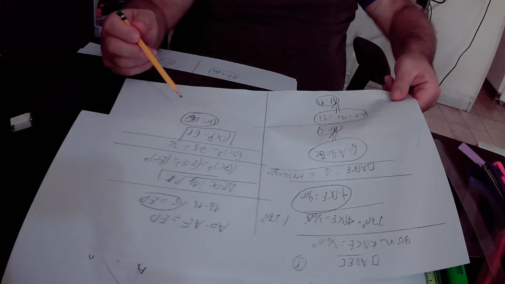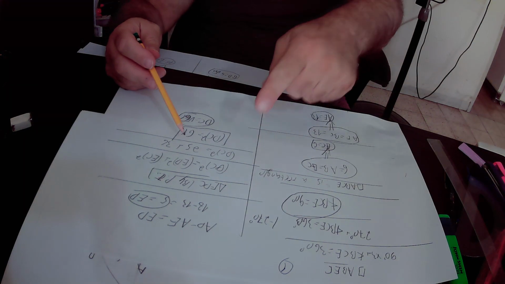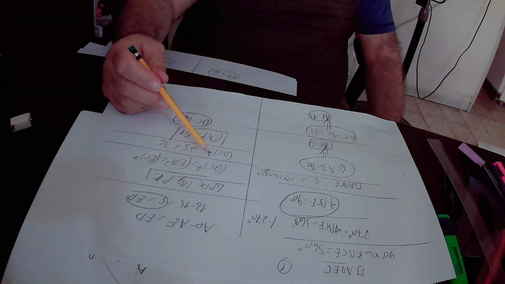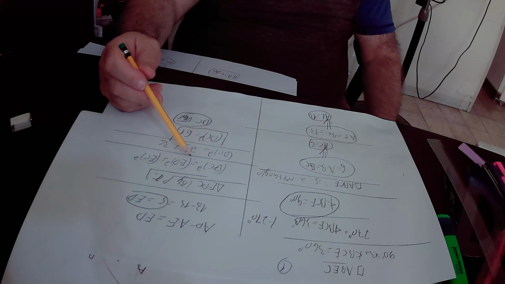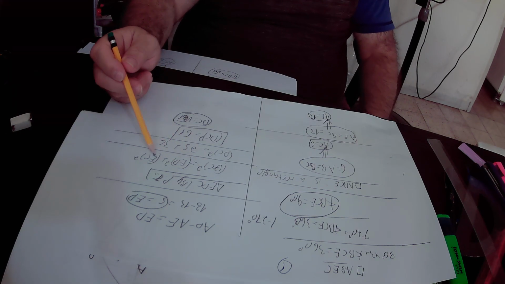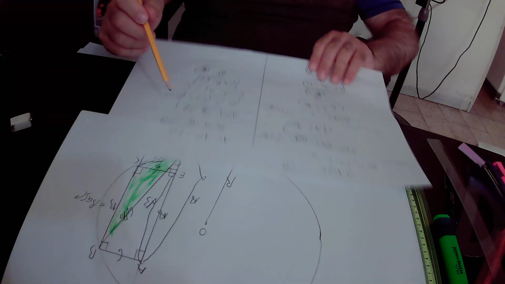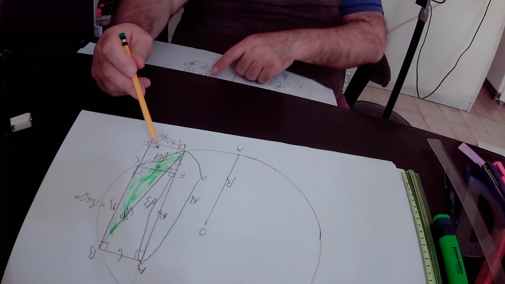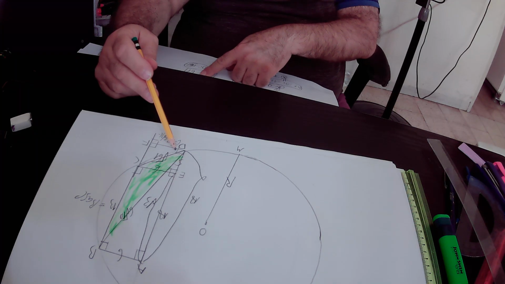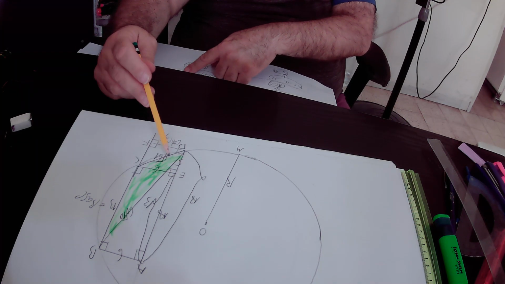So DC square, that is the square of the hypotenuse, must be equal to ED square. ED equals 5, therefore ED square is 5 square, that is 25, plus EC square.